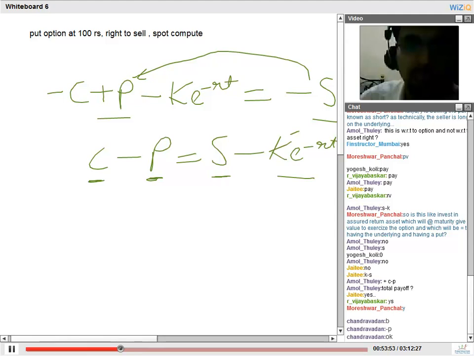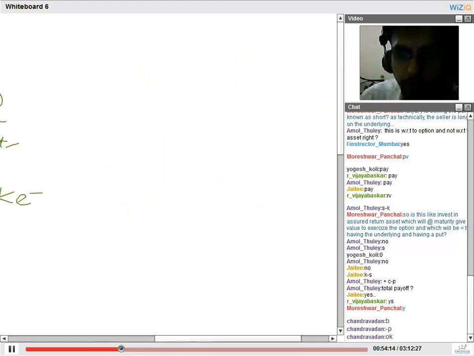So he's asked, writing a put will be represented as plus P. So rearrange this formula to get plus P on one side. What will plus P look like? It will look like plus C minus S plus K e raised to power minus RT.